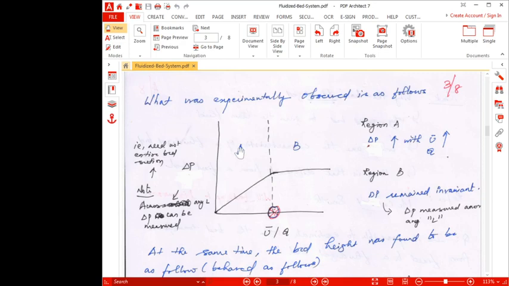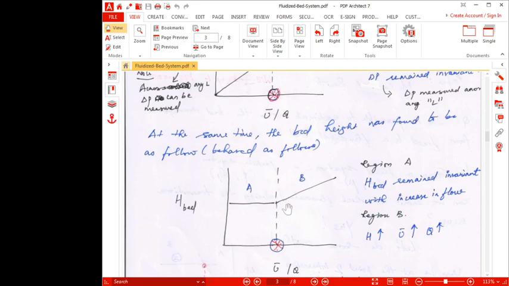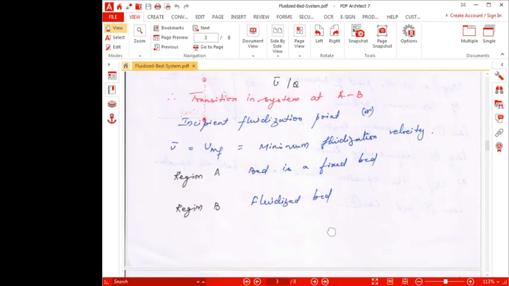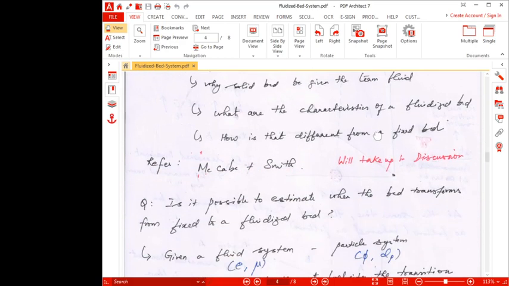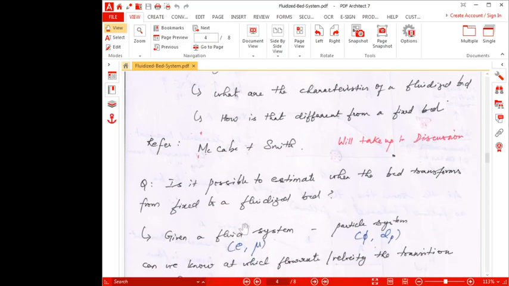You have a fixed bed regime and a fluidized bed regime, and this transition flow rate or velocity is called the minimum fluidization velocity. I've given you a short exercise on finding the different flow features or characteristics of the fluidized bed, and the task is, given a fluidized bed and a particle system, is it possible to estimate, without doing experiments, this point of minimum fluidization?